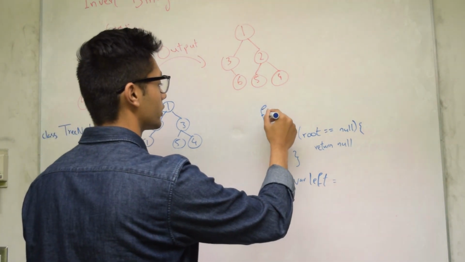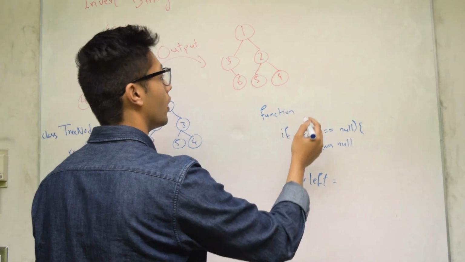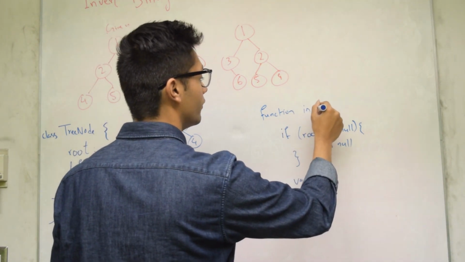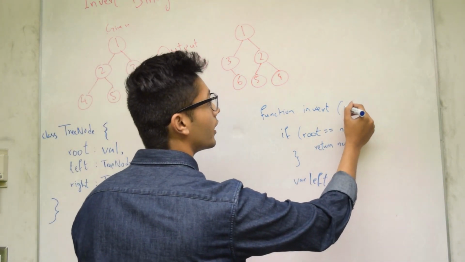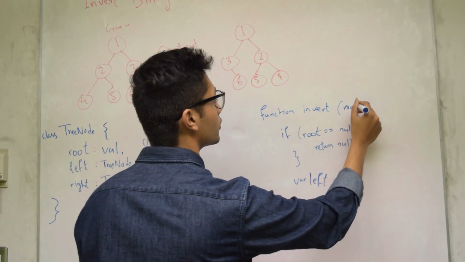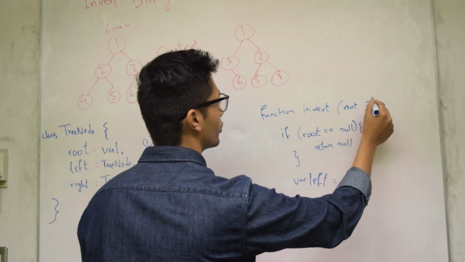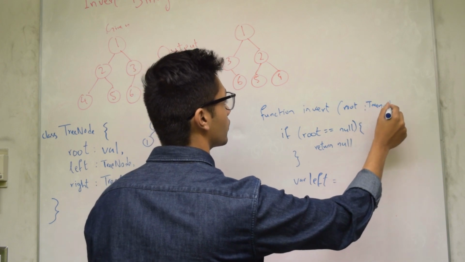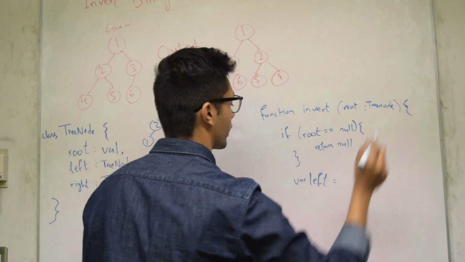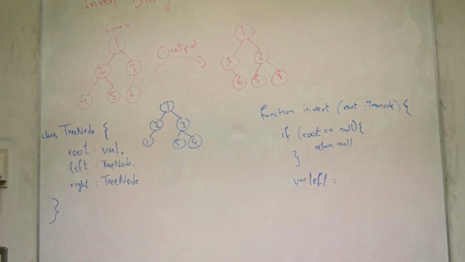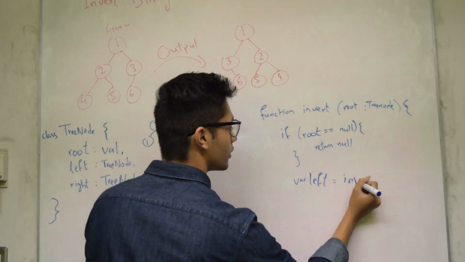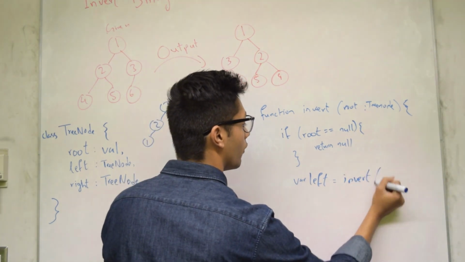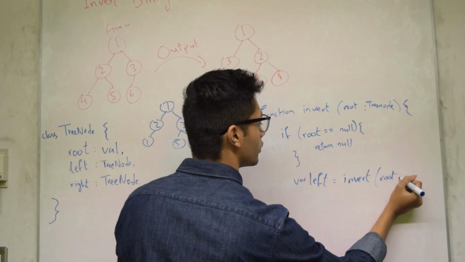It'd be something like a function, let's call it invert. So a function invert, and it's given a root, which is of, let's say, type tree node. So when you create a variable left, left is going to hold invert of root right.